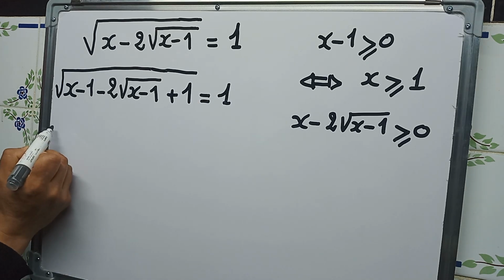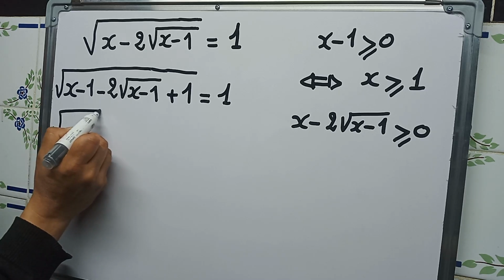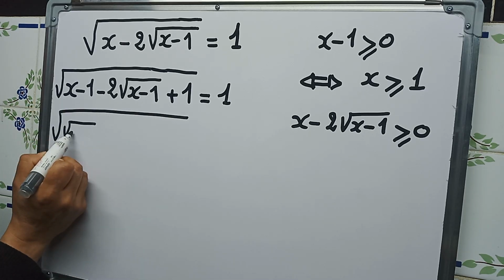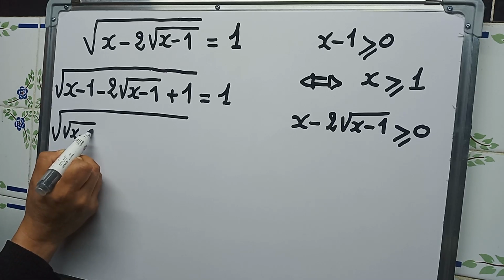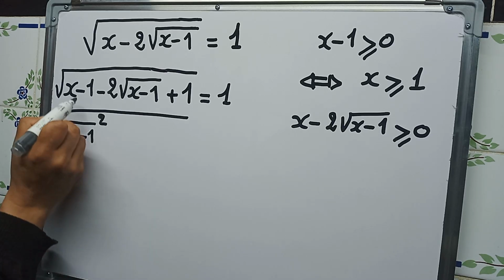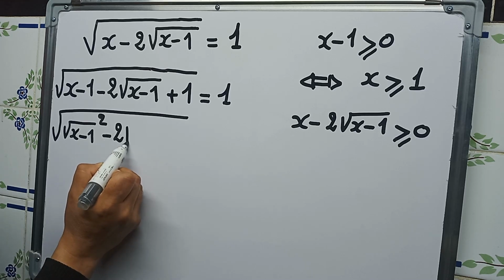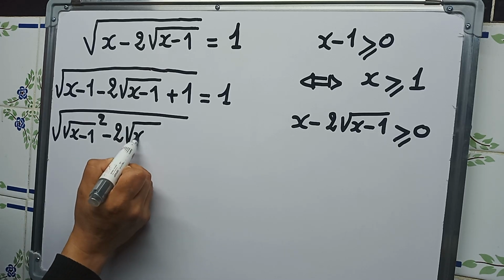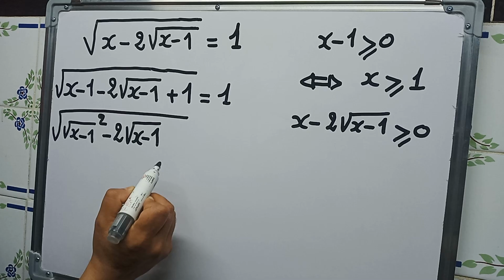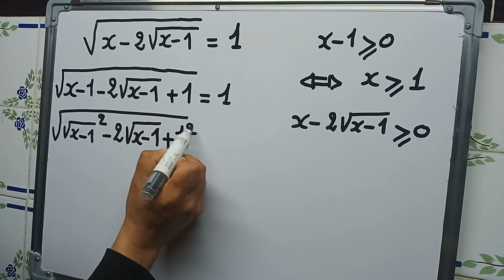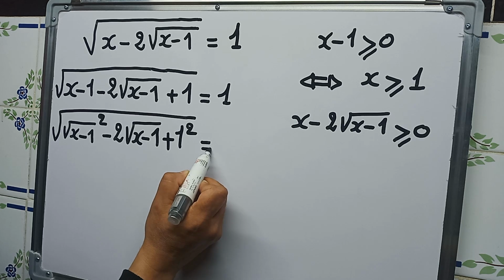And of course, here we have square root of, here we have square root of x minus 1 squared, which is x minus 1, minus 2 square root of x minus 1, of course, plus 1, which is 1 squared.